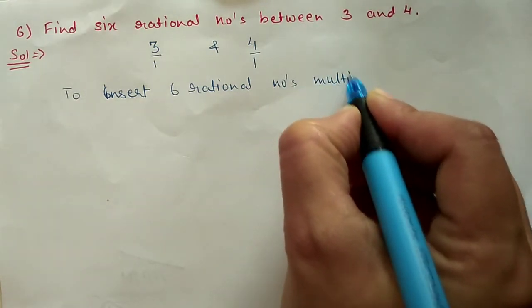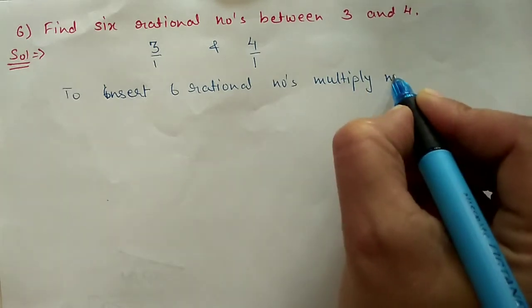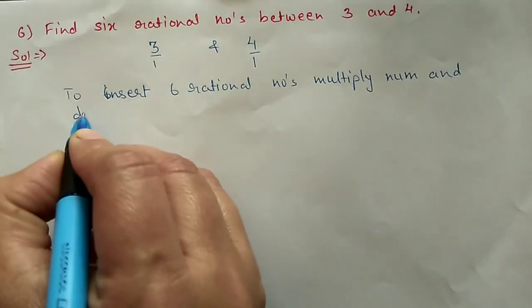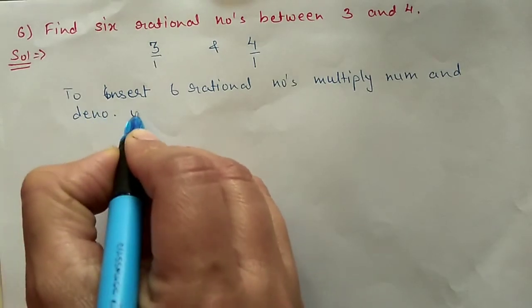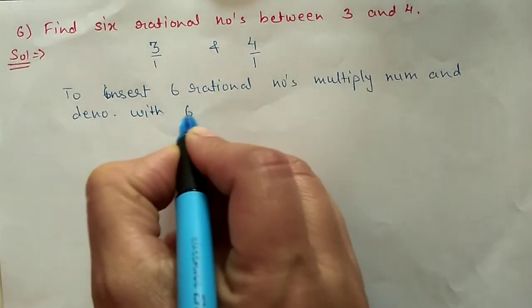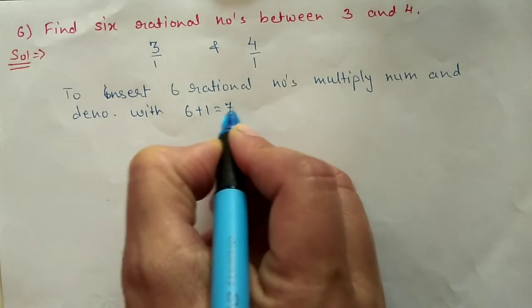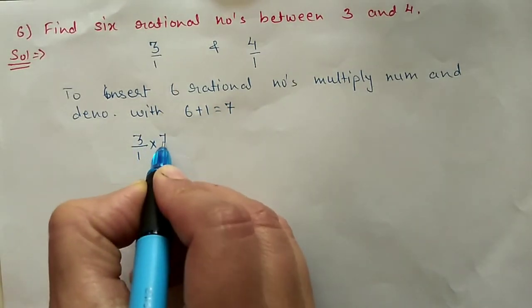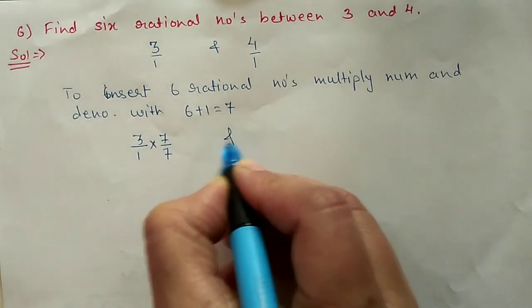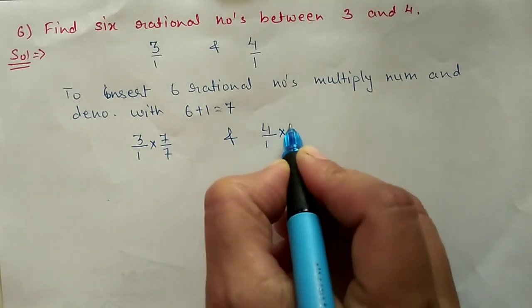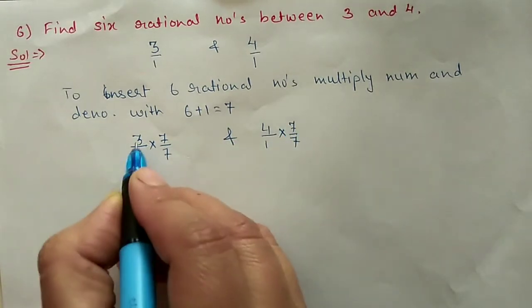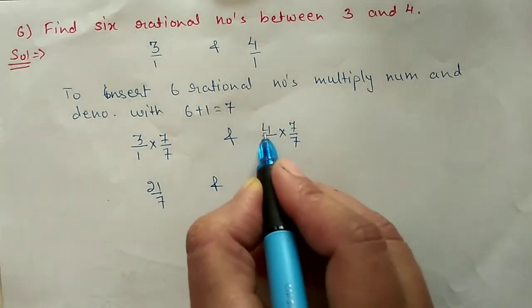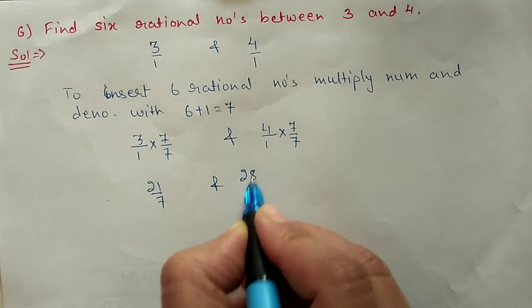multiply numerator and denominator with 6 plus 1 equal to 7. So we will get 3 by 1 into 7 by 7 and 4 by 1 into 7 by 7. So here 3 7s are 21 by 7 and the second number we have 4 7s are 28 by 7.